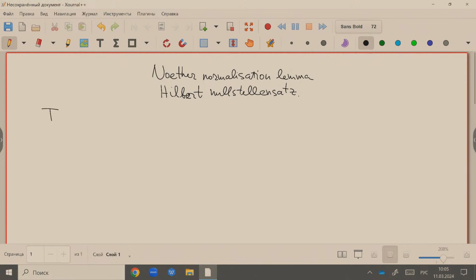So, what is transcendence basis? Suppose you have an algebra over K without zero divisors.